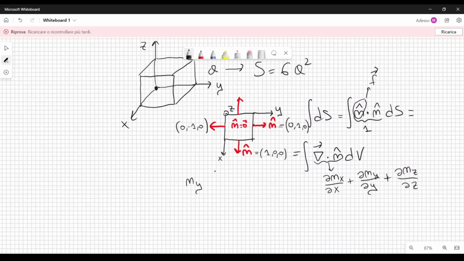So the component ny will be equal to 1 here on the face of this cube, on this face here that I have highlighted. On each point of the face it will be equal to 1. Whereas if we move slightly inward, so inside the cube, ny will be 0.